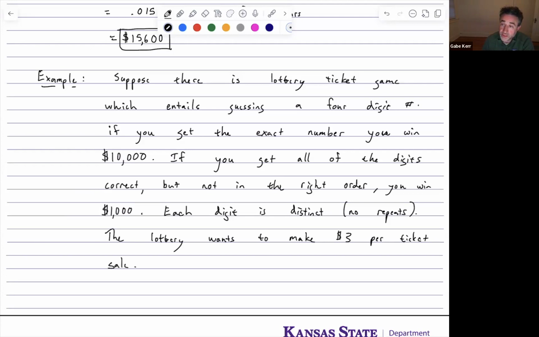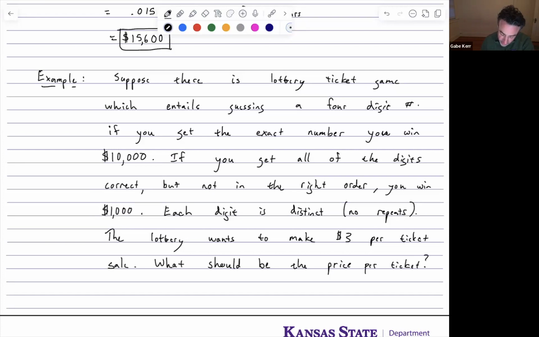So now your task is to price it. What is the price that we're going to sell these tickets for? What should be the price for one ticket?